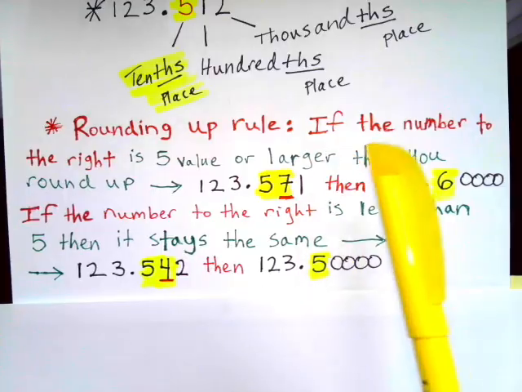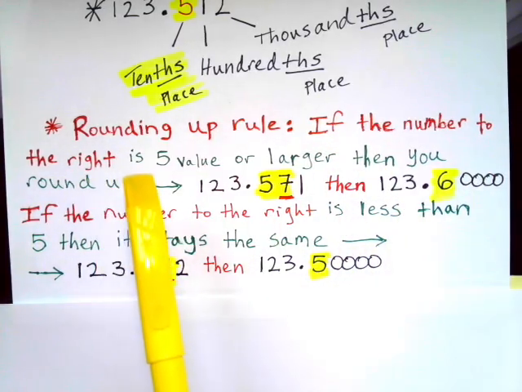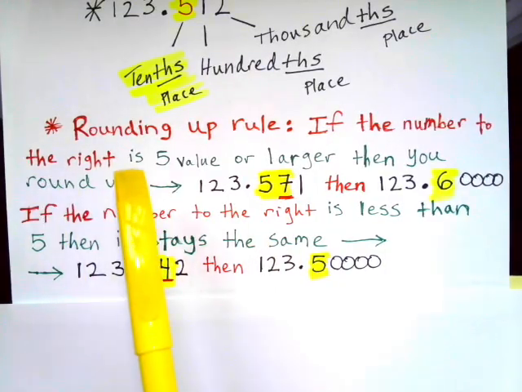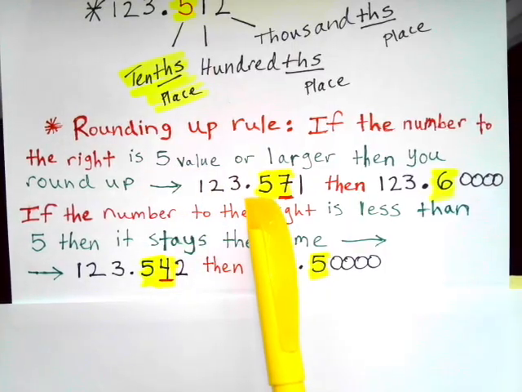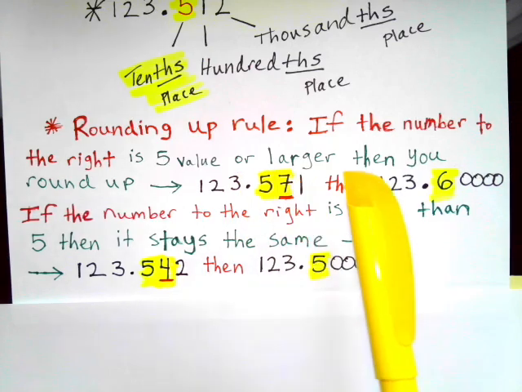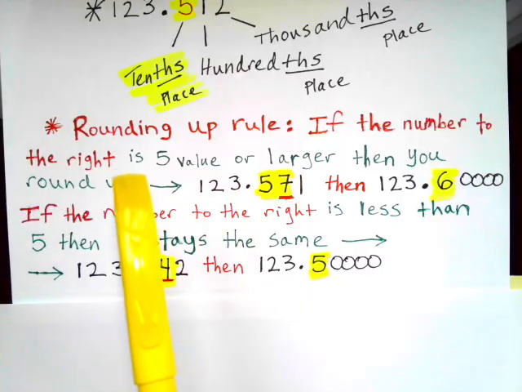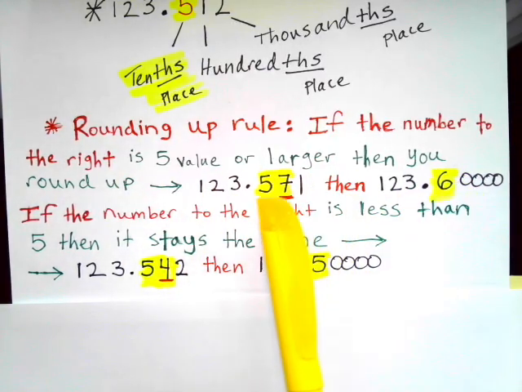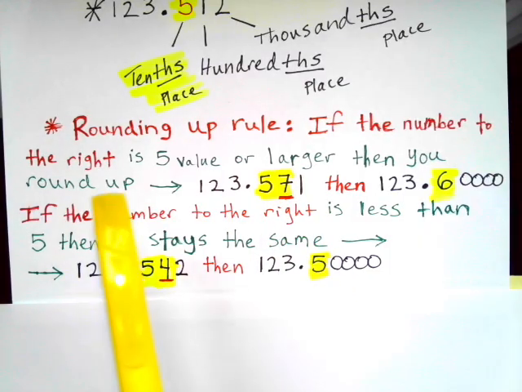These are the rules to round up with the decimal values above. If the number to the right of your target number, in this case 5, is 5 or larger, in this case 7, then you round up.